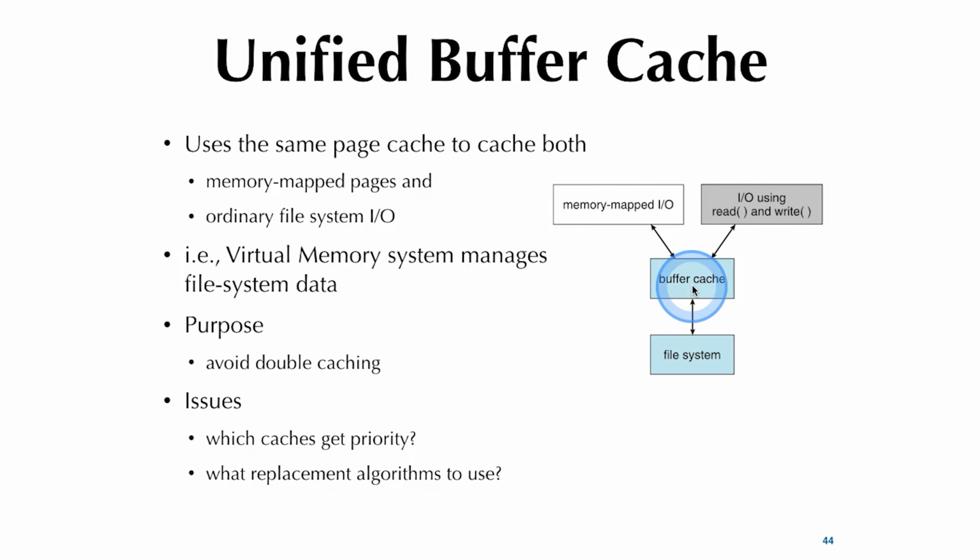And what does that mean? That actually means the virtual memory system will now have to be more complicated. It has to manage the file system metadata and the file system data. And so the purpose is to avoid double caching, but it leaves a few issues open. So which cache gets a priority, and what replacement algorithm do you use?